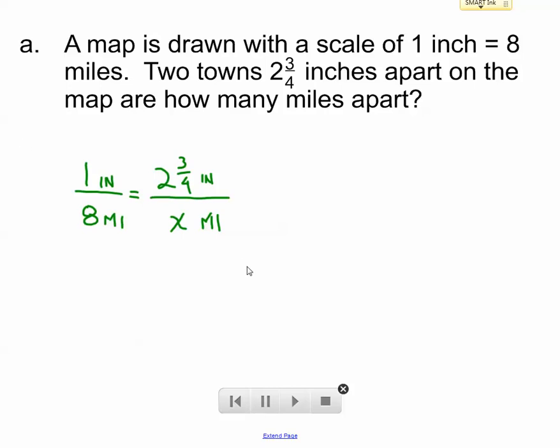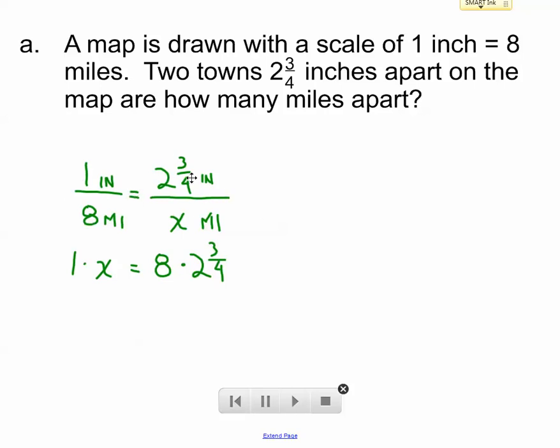And then we'll use cross products here. 1 times x is equal to 8 times 2 3/4. Done a lot of this. Anytime we've got a proportion like this, their cross products will be equal.